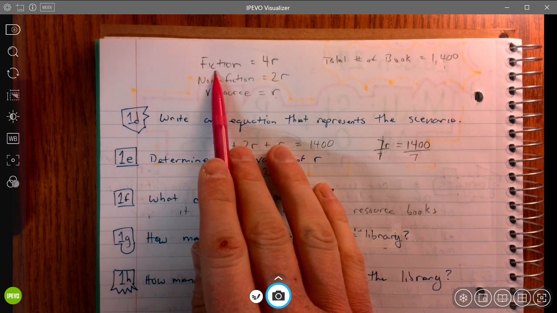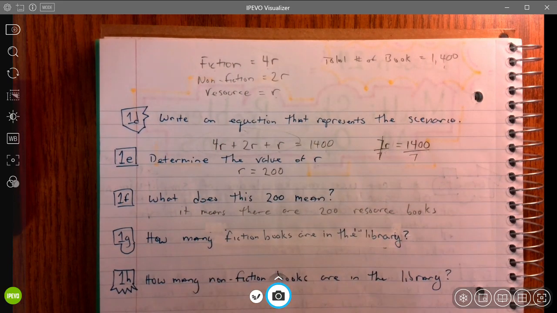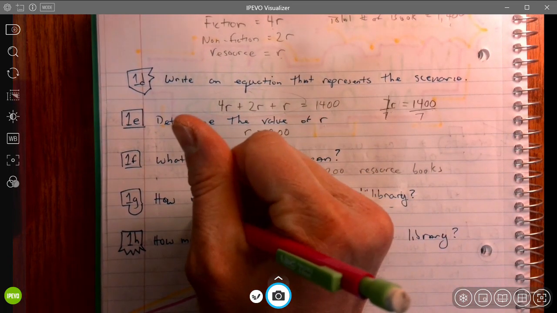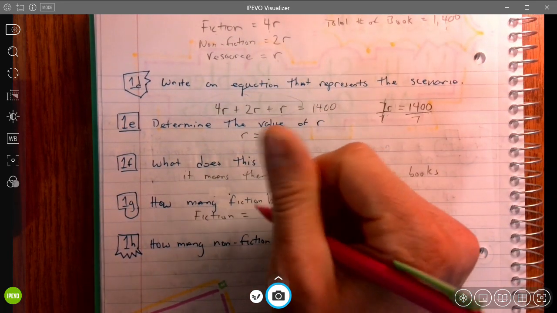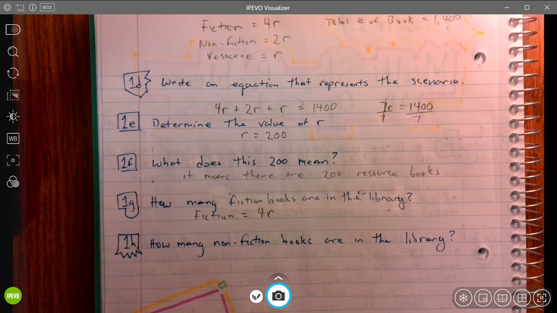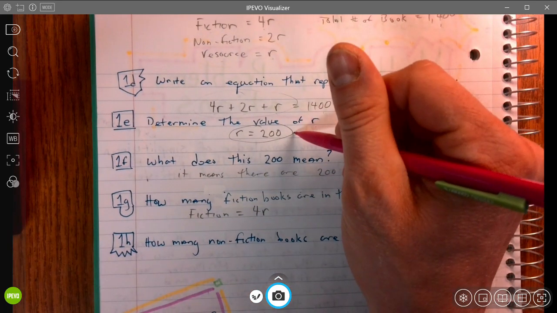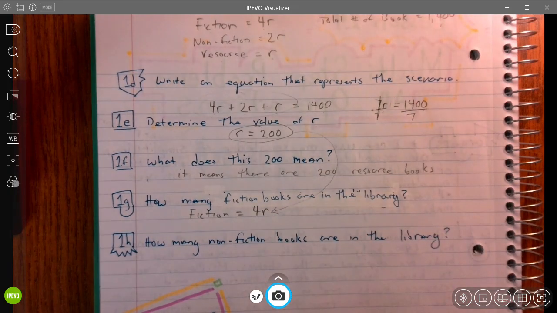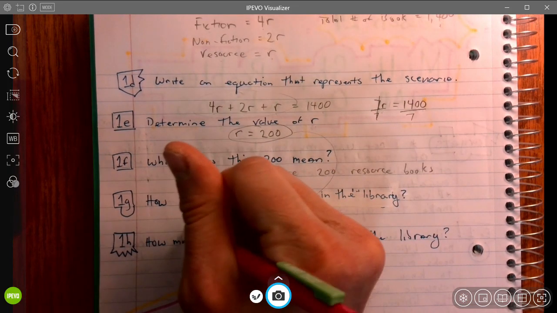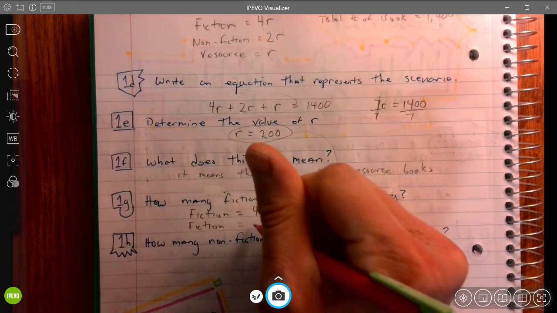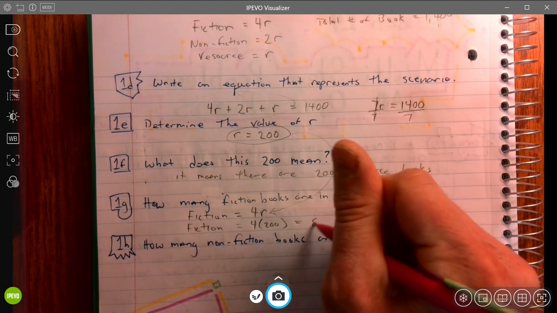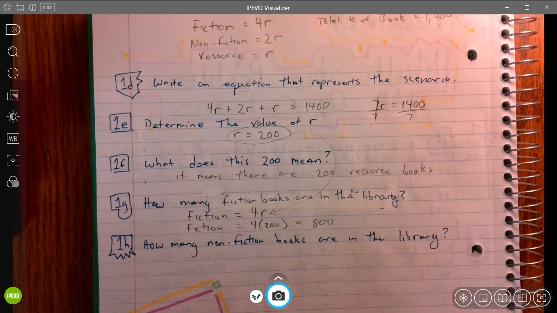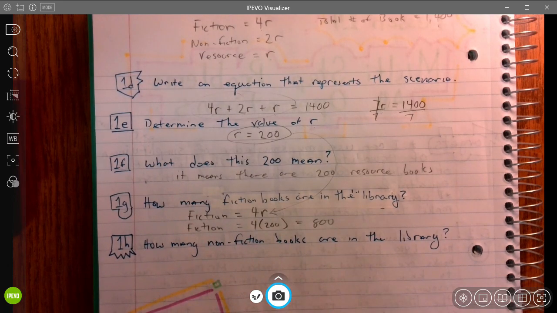Our expression for the number of fiction books is equal to 4 times R. So if the question's asking the number of fiction books, I can copy down our expression for fiction books, which is 4R, or 4 times R. We know that R is equal to 200, so I can take this 200 and just plug it in for R. So the number of fiction books I have is equal to 4 times 200, and 4 times 200 is 800. Okay, so there are 800 fiction books in the library.